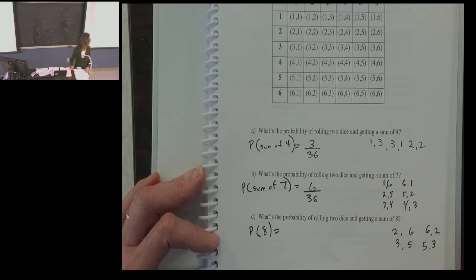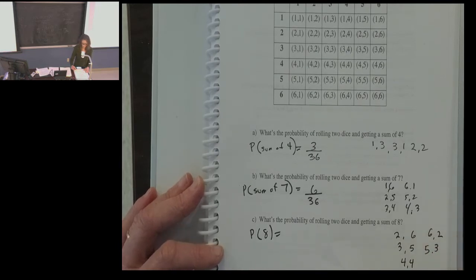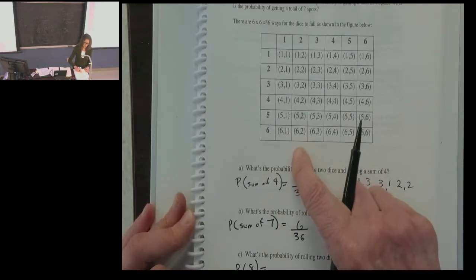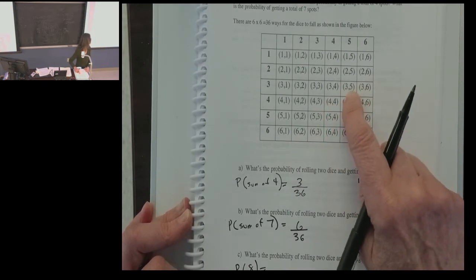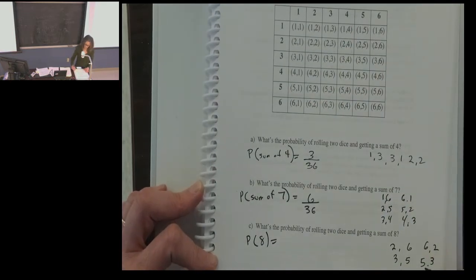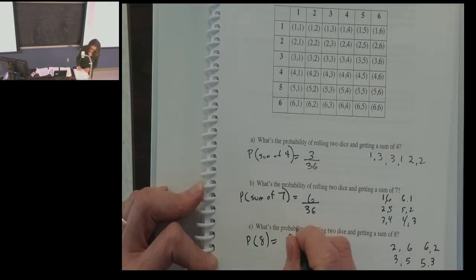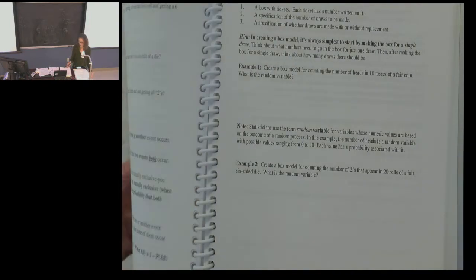Does that work? Yes. Is there any other way to do it? A 4 and a 4. Should I write that twice? No, it's the same thing. There's just one way to get 8 with 2 4s. There's 2 ways with a 3 and a 5 or a 5 and a 3. So it's 1, 2, 3, 4, 5. So there's just 5 out of 36.